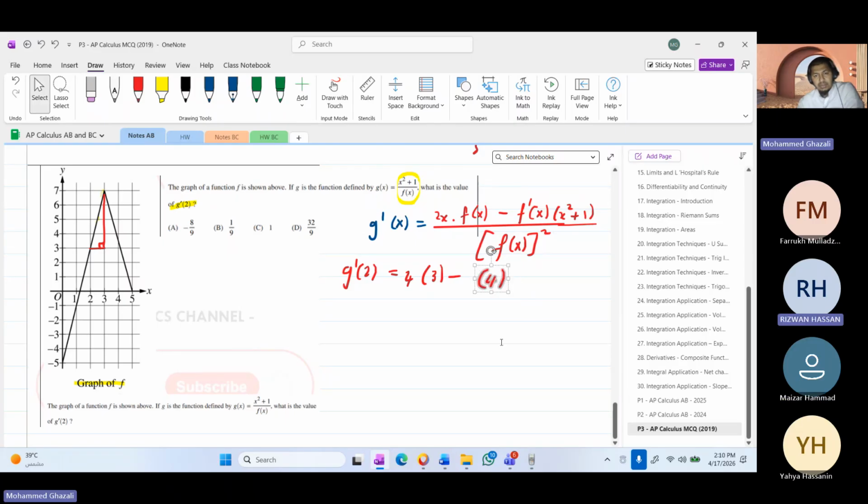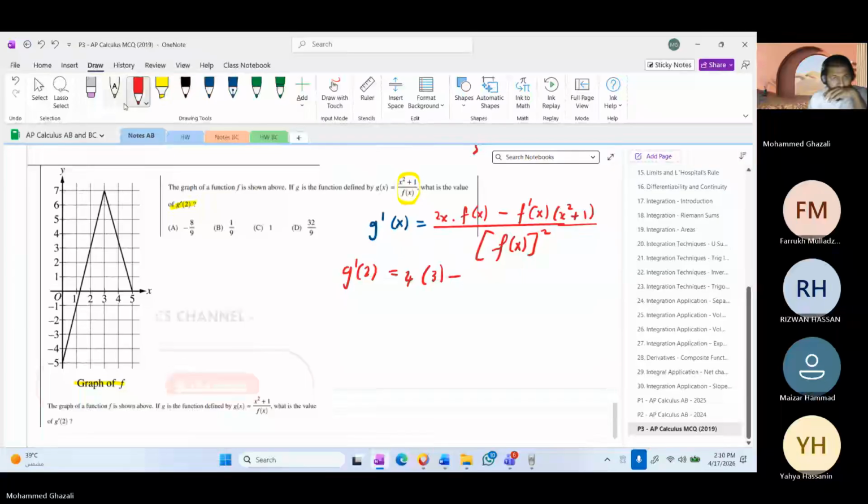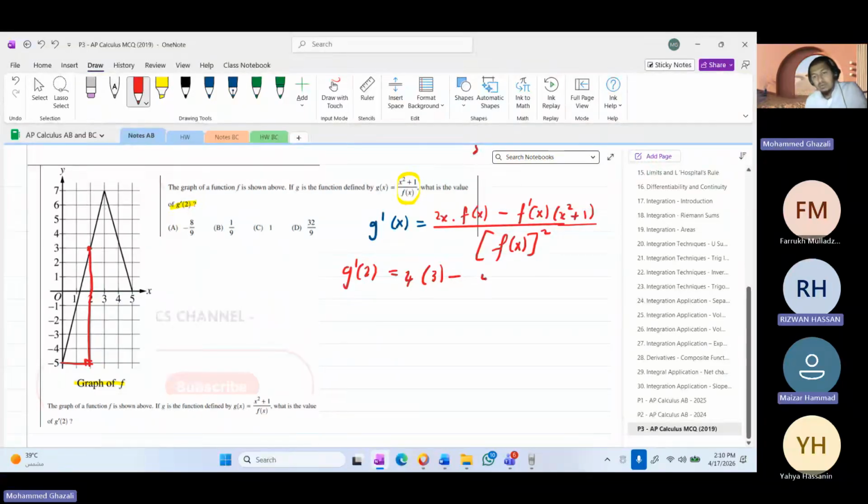We are trying to find f prime 2, right? I don't know why I went there. It's at 2. So you should have taken it from there to there. So we're still getting 5, 6, 7, 8. 8 divided by 2, you still get 4.